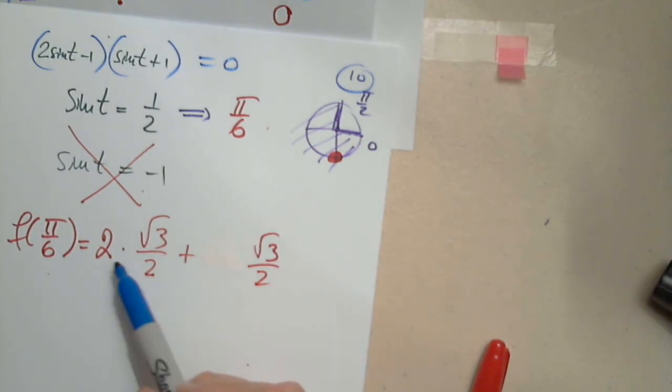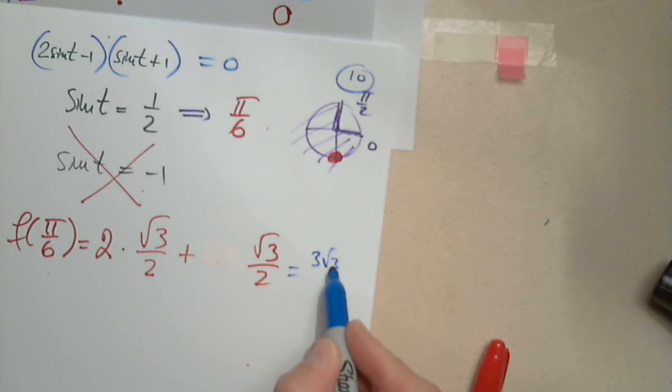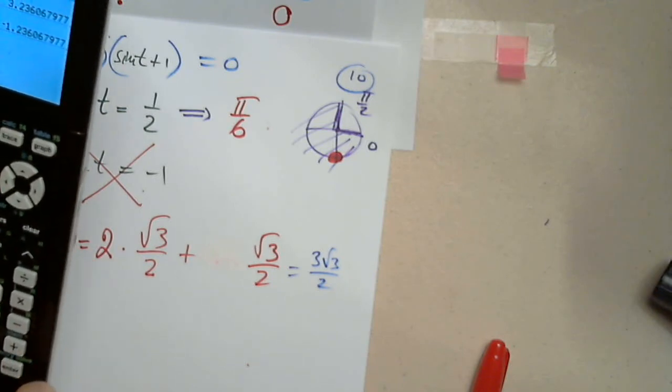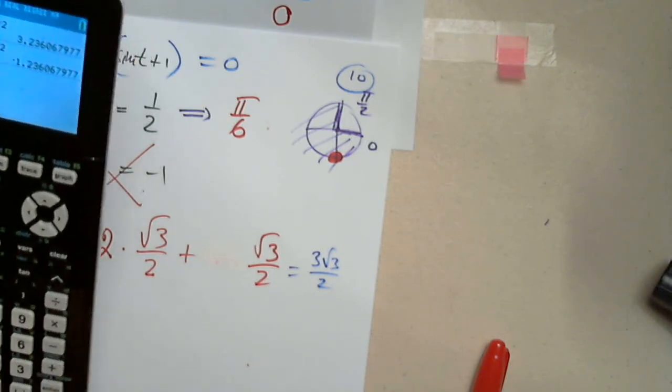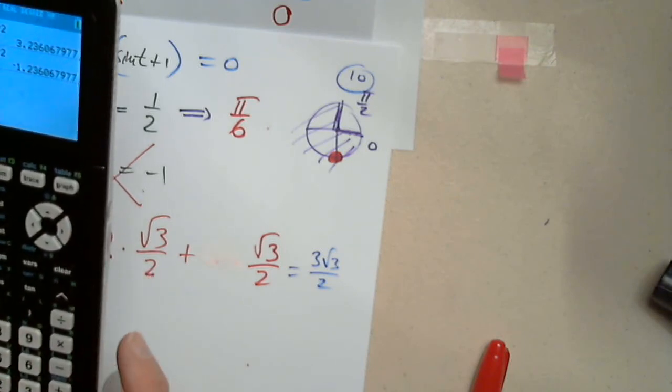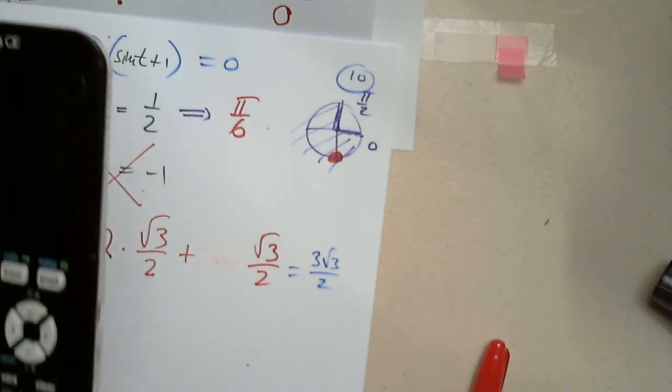So this is 2 plus 1, so it's 3, the square root of 3 over 2. I need to approximate this with a calculator. So 3 times the square root of 3, and everything divided by 2. 2.6.